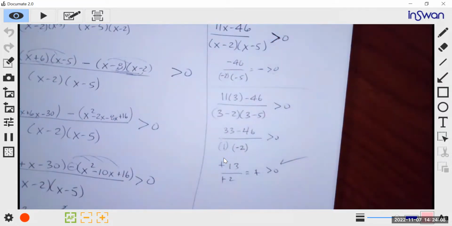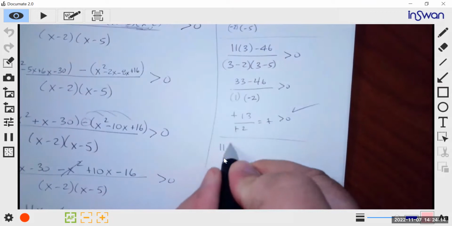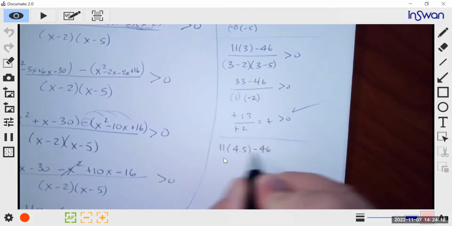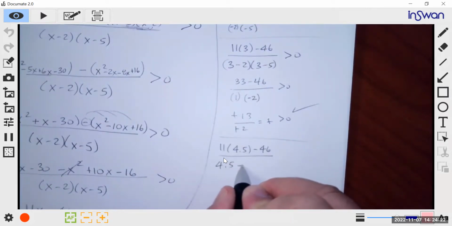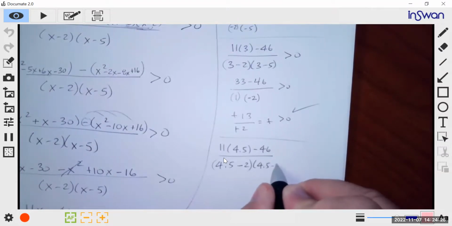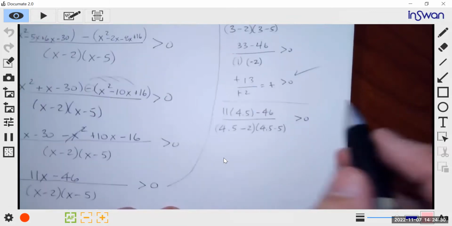Let's try 4.5. 11 times 4.5 minus 46, over 4.5 minus 2 and 4.5 minus 5. Is that greater than 0?